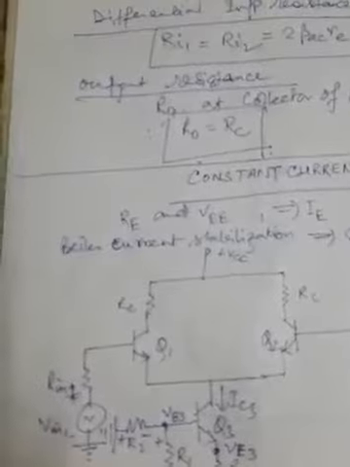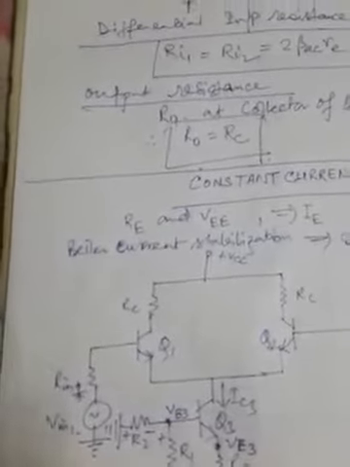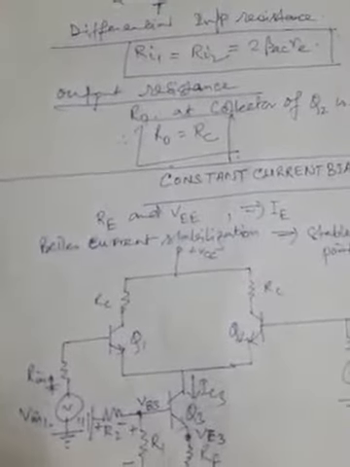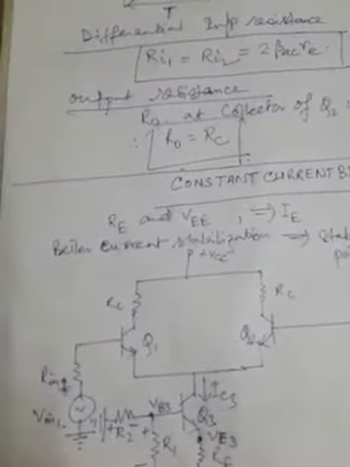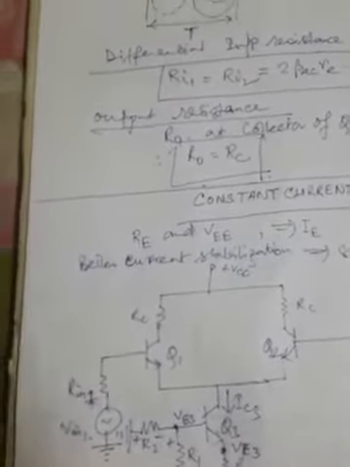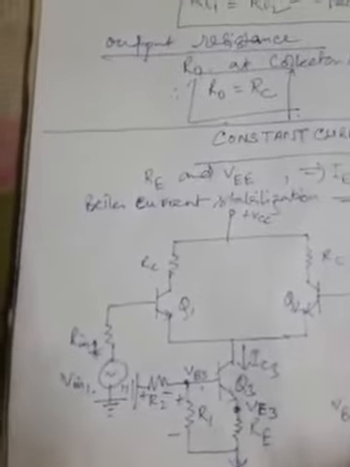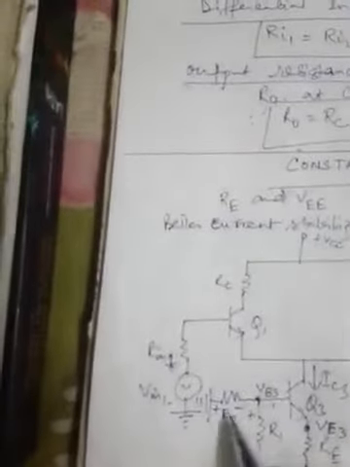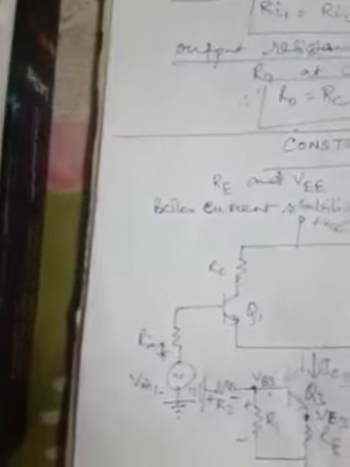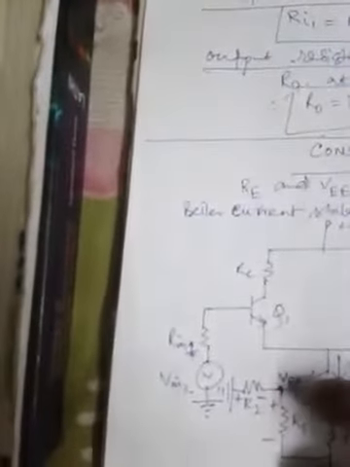Now applying the voltage divider rule, the voltage at the base of the transistor Q3, neglecting the loading effect at the base, can be written as VB3, which is the base voltage, using the potential divider circuit between R2 and R1.